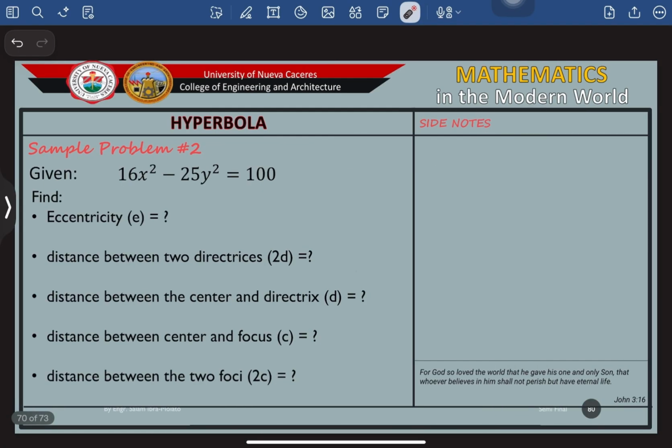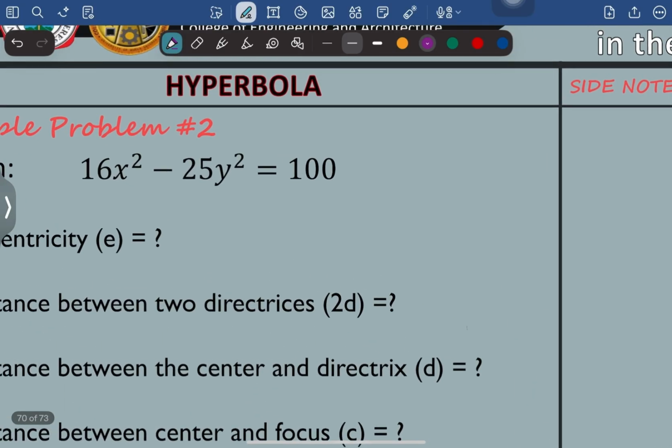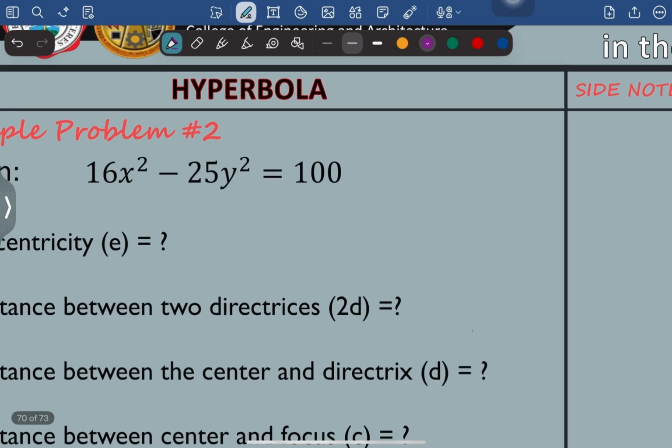Next, so convert first the equation to standard. So, how do we do it? Just by dividing both sides by 100.